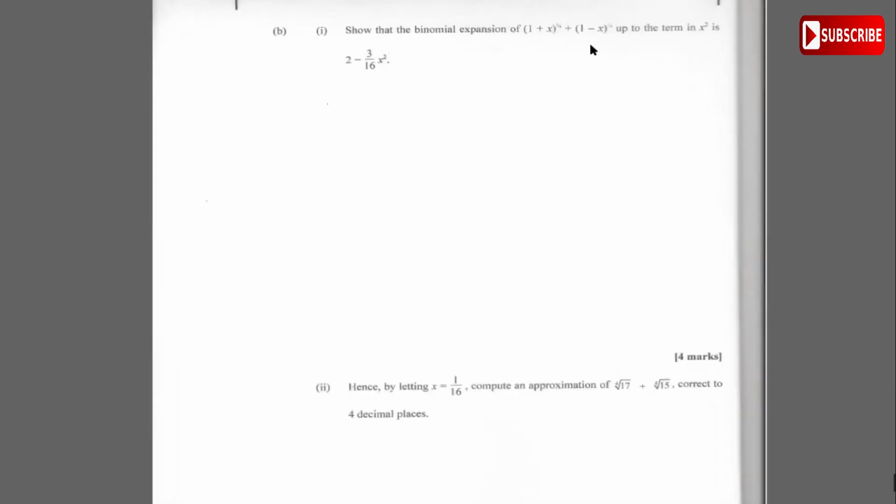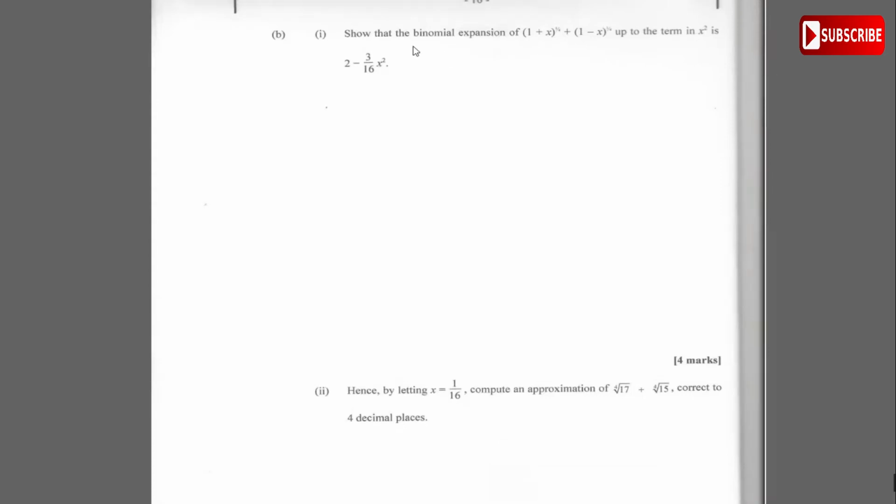Next part of the question says, show that the binomial expansion of (1 plus x) to the quarter plus (1 minus x) to the quarter, up to the x squared term, is 2 minus 3 over 16 x squared. So we need to use binomial expansion to do this up to the x squared term.